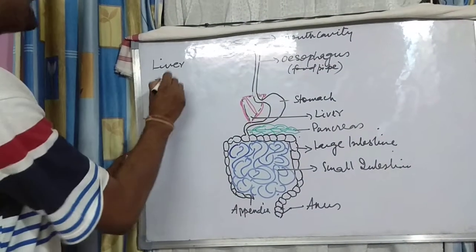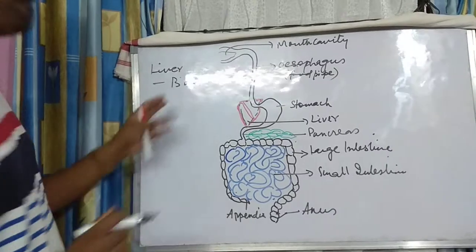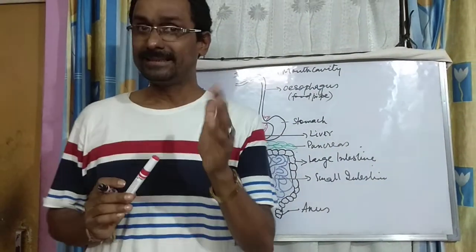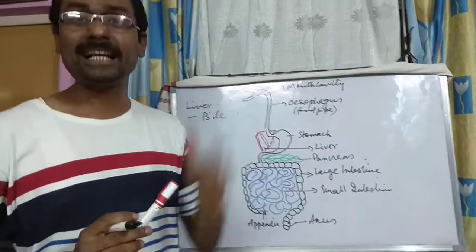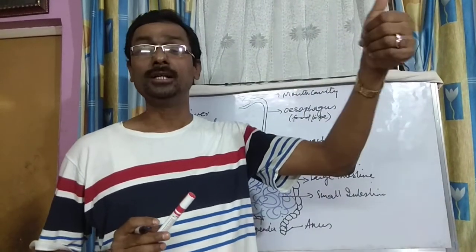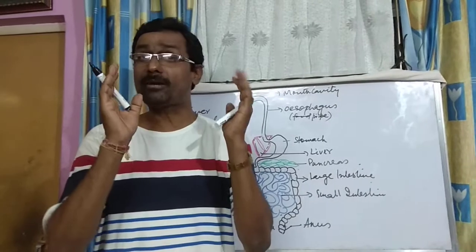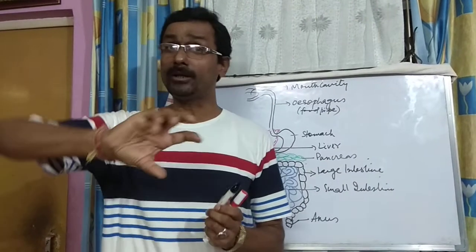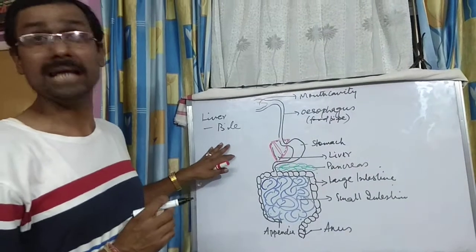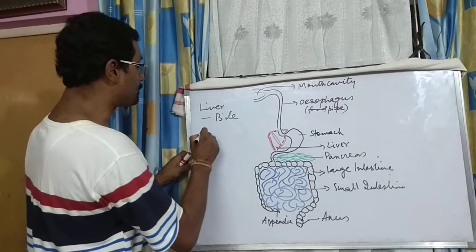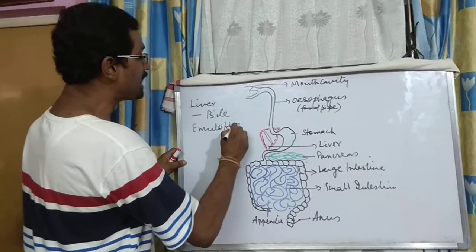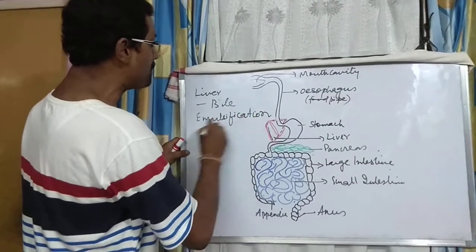Liver secretes bile. But remember, bile doesn't contain any enzyme. But the bile has the capability of emulsifying the fats. So the fat is very complex. It is converted to globules by bile. So that is called, you have to note it down, emulsification. What is the meaning of emulsion?